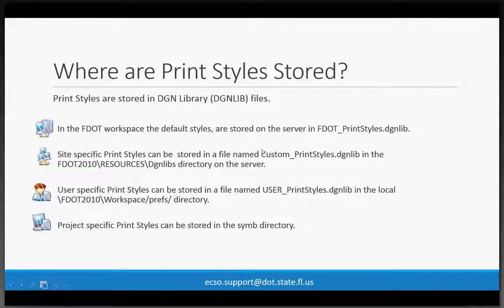And we also have configuration variables in there that will look for a file named custom printstyles.dgnlib in that same directory, and if there's a file in there with that name, it would just automatically make those print styles available for everyone as well.